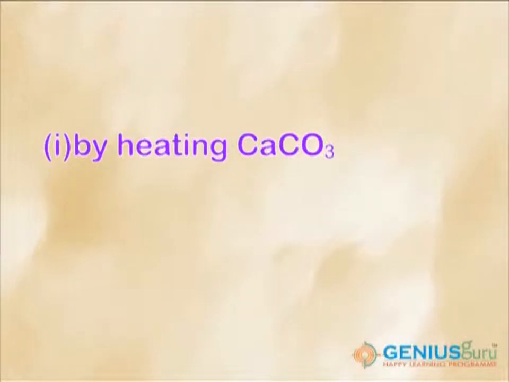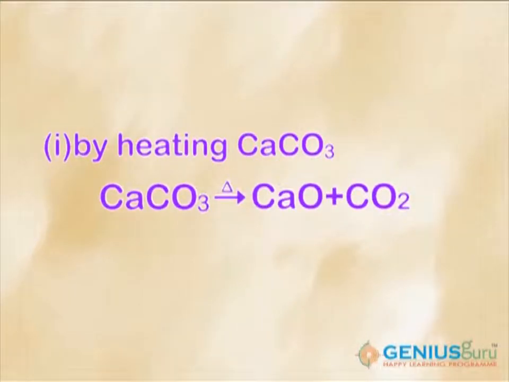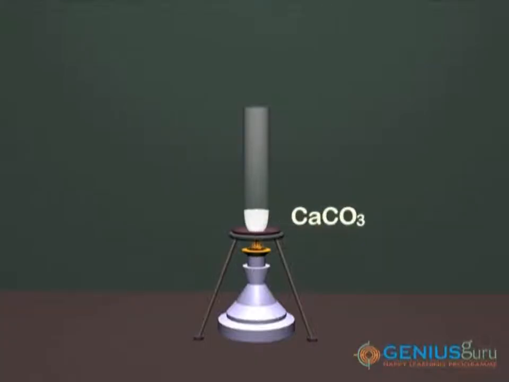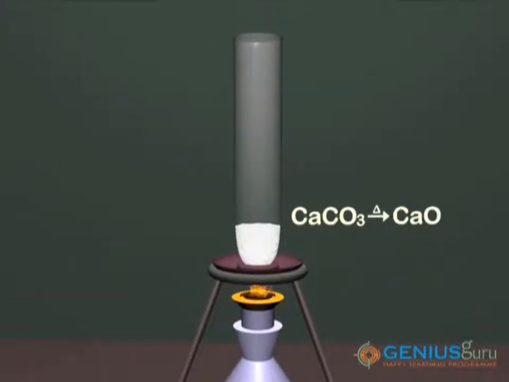This can be represented in an equation form: CaCO3 on heating gives CaO plus CO2. If you take calcium carbonate in a dry test tube and heat it, we obtain the calcium oxide solid and the gaseous carbon dioxide. This is represented in the chemical equation. This is one way of obtaining carbon dioxide.